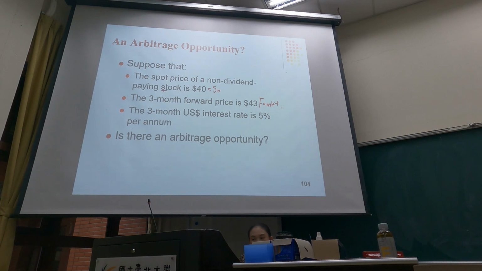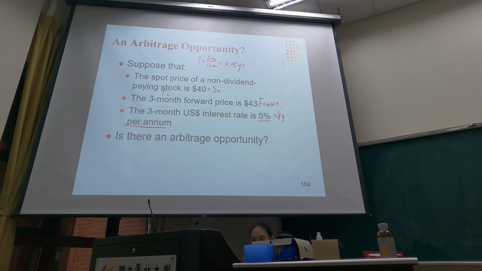Remember, T is 3 months, so T equals 3 months over 12 months equals 0.25 year this time. The interest rate R is already annualized, so RF is 5%. Okay?